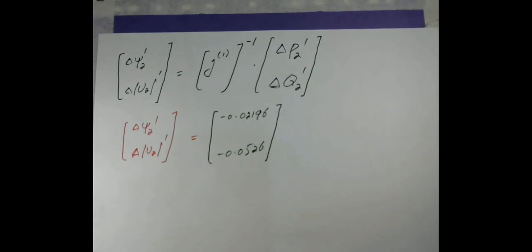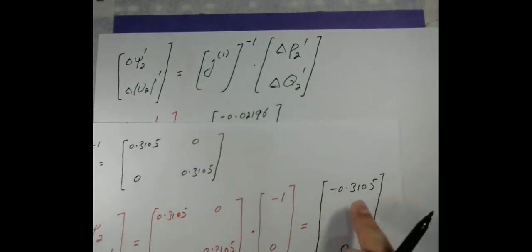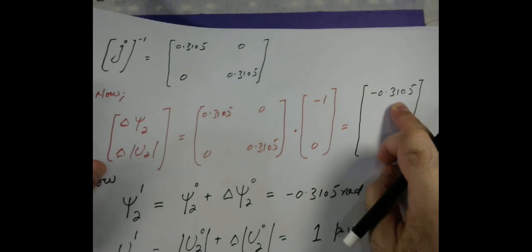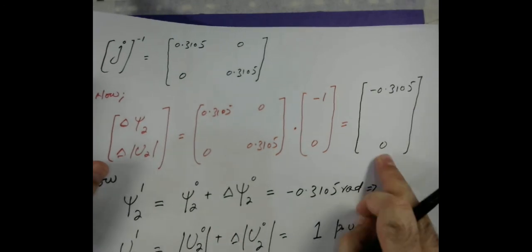Now if we compare it to the previous case, in the previous case the error in the angle was this value and the voltage was 0.